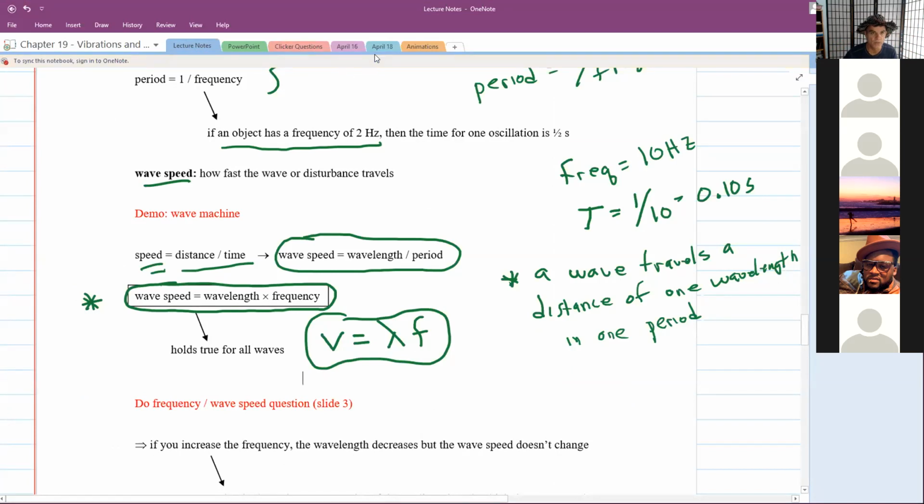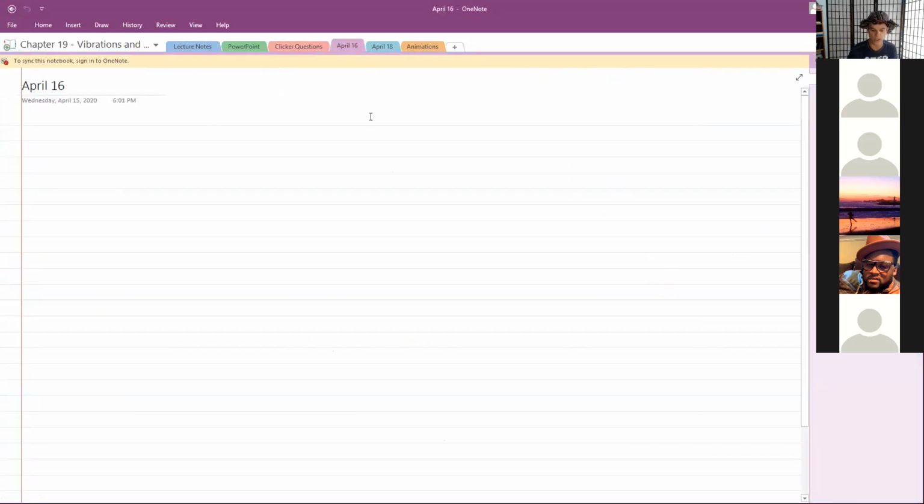So let me just go to this for a second. In this equation, wavelength times frequency equals wave speed. And again, I'll just write it out. Wavelength times frequency equals wave speed.